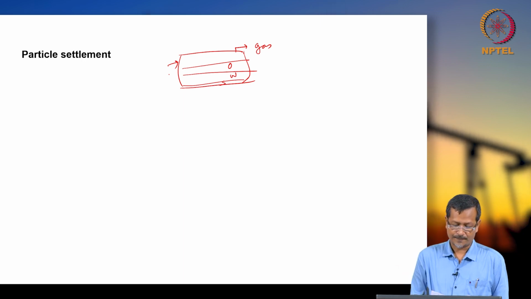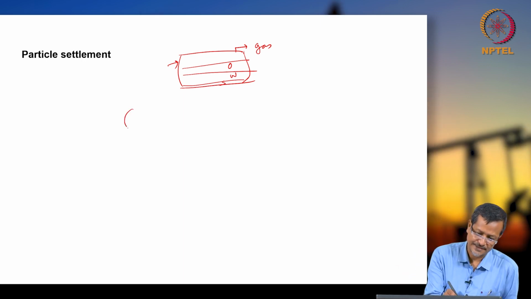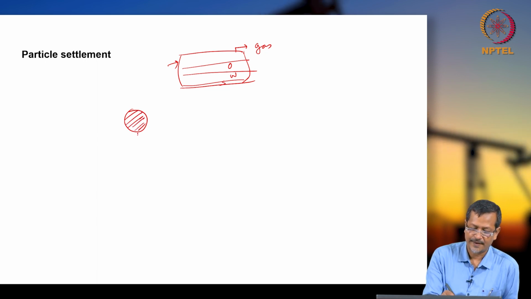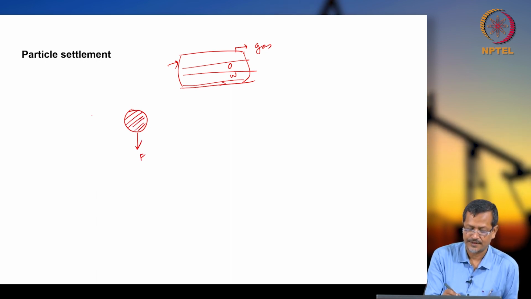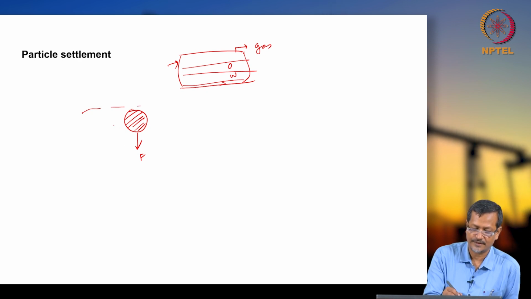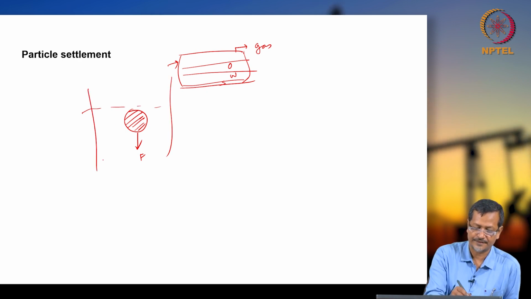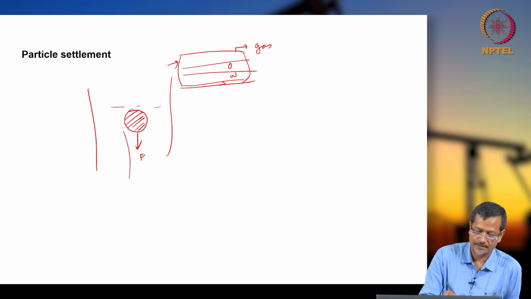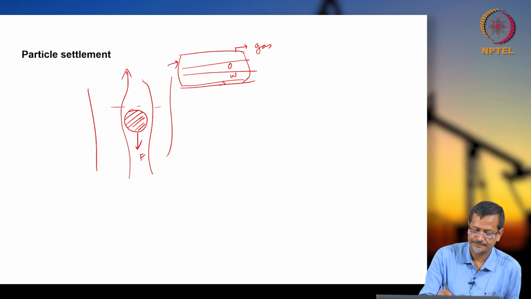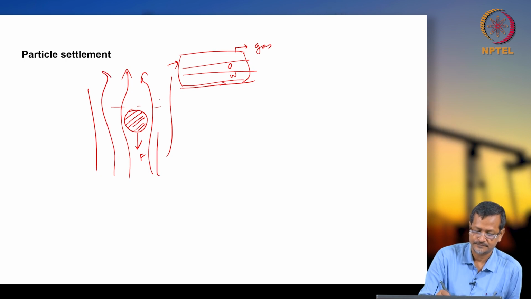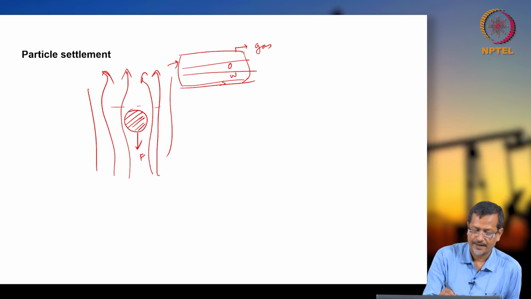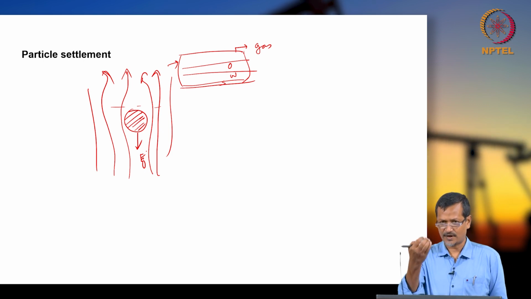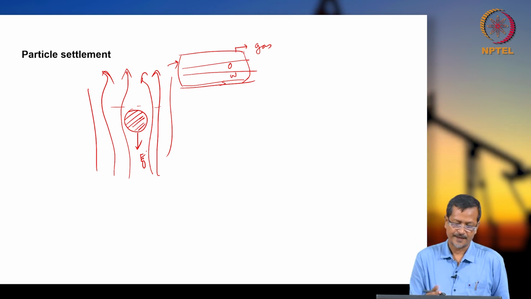Particle settlement theory is like this. Let us assume one particle is here, trying to fall down in liquid. I have one liquid column, and my liquid is moving up. This is maybe sand, or maybe oil is moving up and water is falling down, that is also possible.